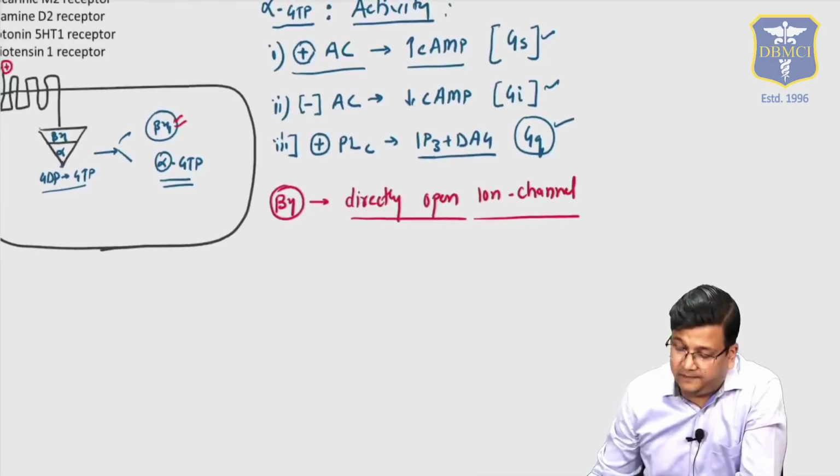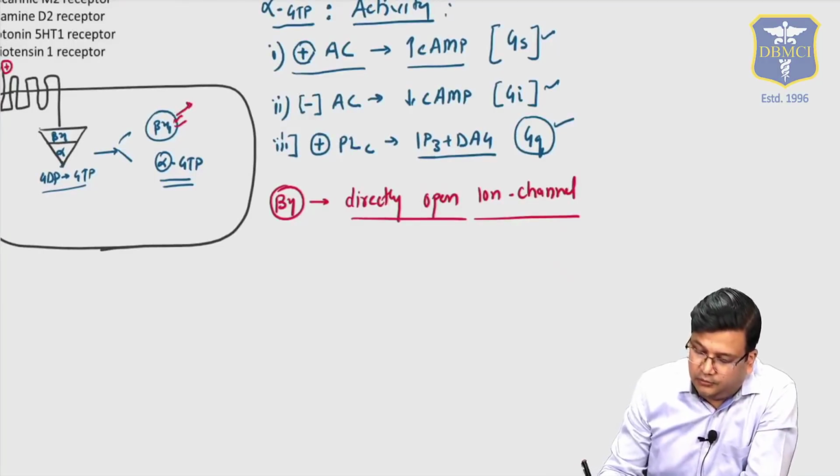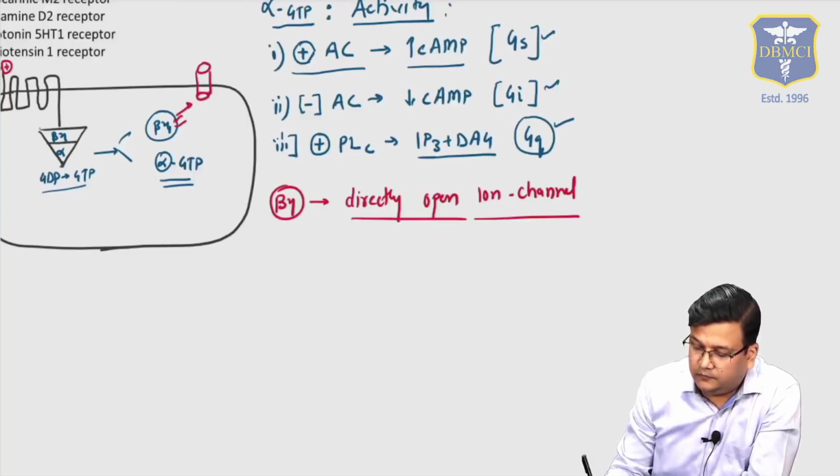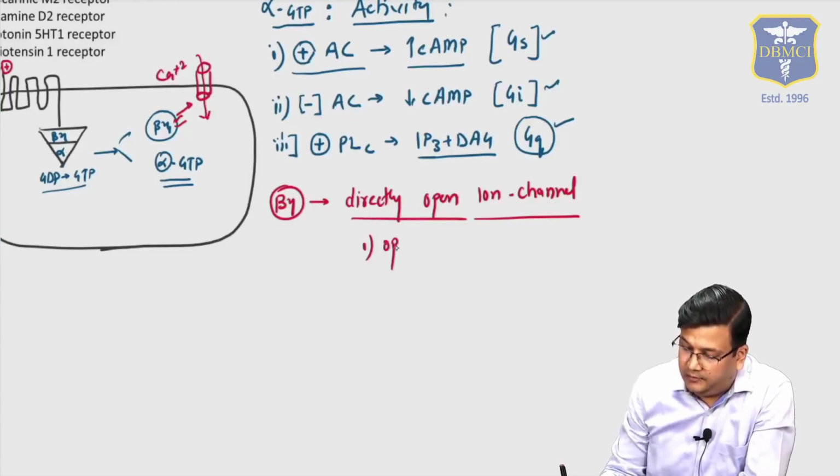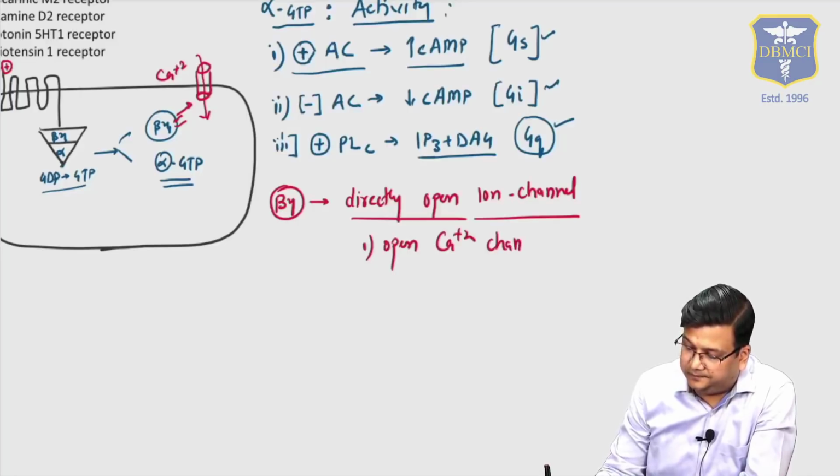Which ion channel? So this unit can go to, let's say, a calcium channel, and it can open that calcium channel, so calcium can come inside the cell. So it can open certain calcium channels.